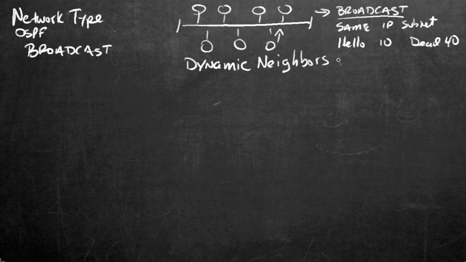So all that means is that these routers, once OSPF is enabled and they agree on the parameters, can dynamically discover and associate with each other. Life is good. All right, let me also put that on the OSPF network type of broadcast, we are going to be using designated routers and backup designated routers because that's how OSPF works on a broadcast network. So let me go ahead and put a little line there.